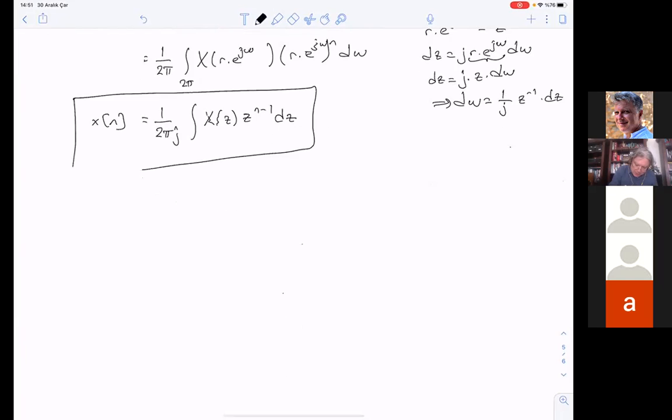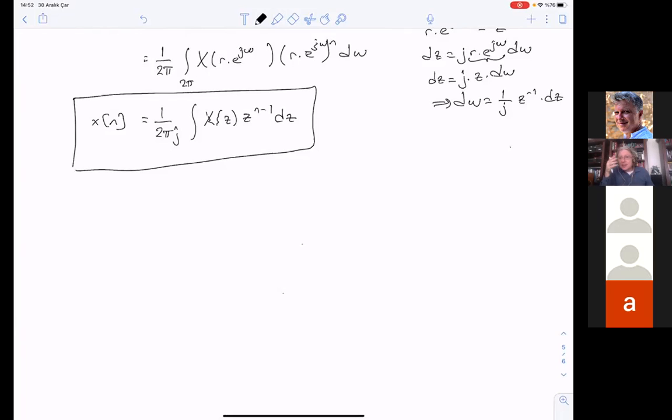Let's put it in a box. I hope you like it. I don't, because there is also another ambiguity regarding the integral limits. Previously for omega, it was a duration of 2 pi. So omega from 0 to 2 pi, or omega from minus pi to pi, such a duration of 2 pi for omega. But how about z?